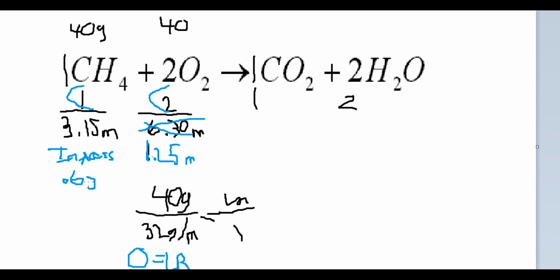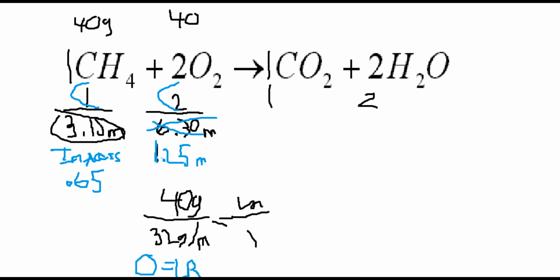For practical reasons, we're going to say it's 0.65. So, in actuality, we would need 0.65, but we have 3.15. So, that even shows more that CH4 is in excess. So that's showing how to find the limiting reagent and the excess.